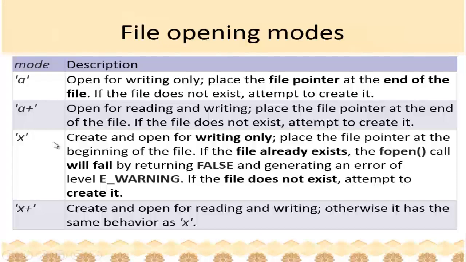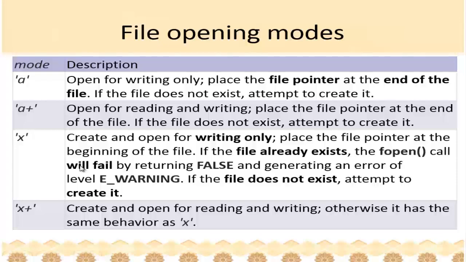Then we have X and X plus, which may be slightly different. X is meant only for writing, you cannot read. However, if the file already exists, the X mode will fail. So it is meant for creating a brand new file.